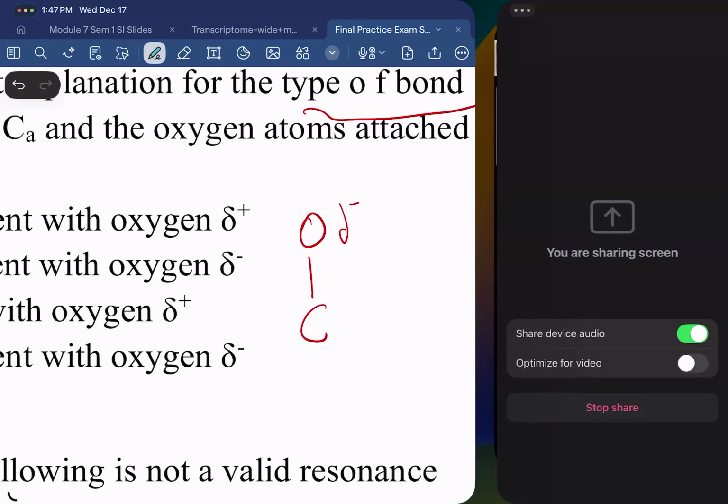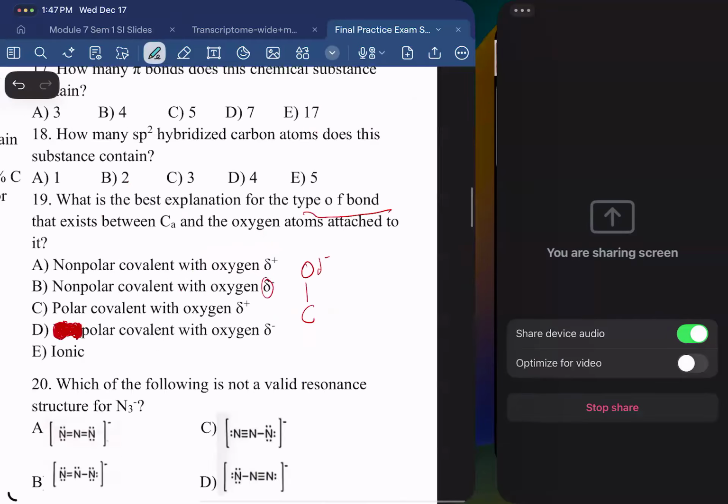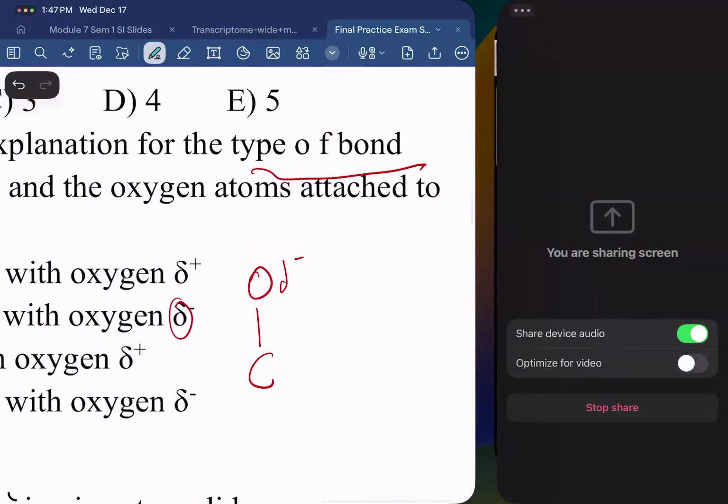This symbol here, I don't really know how to draw it well. I always draw it like this, but basically the symbol here represents a partial negative charge, while this symbol over here represents a partial positive charge. In polar bonds, I kind of spoiled the answer, we have an uneven distribution of electrons, because electronegative atoms like oxygen pull electrons more than carbon.